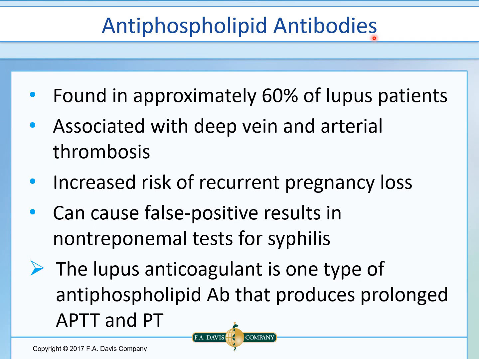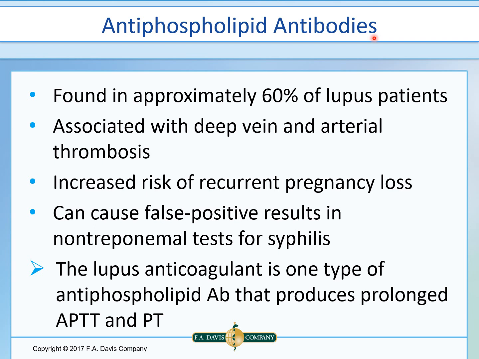In patients with antiphospholipid antibodies, the APTT may be prolonged, and it's not corrected by mixing with normal plasma. Patients with this antibody have increased risk of clotting and spontaneous abortion. Platelet function may also be affected, and thrombocytopenia may be present.